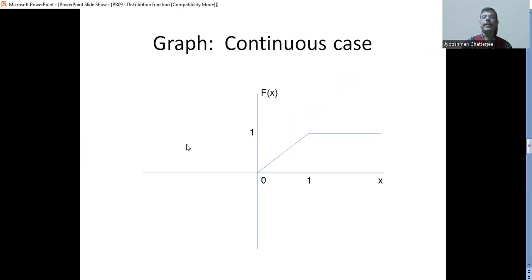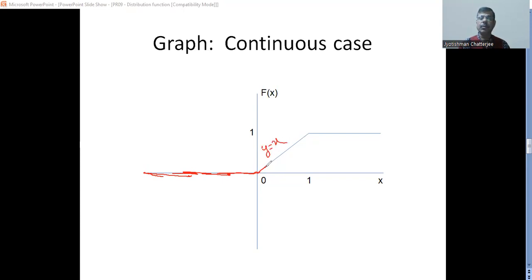If you draw the graph, it will come like this. It comes all the way here along the x-axis. Then, starting from 0, it goes along the straight line y equals x.